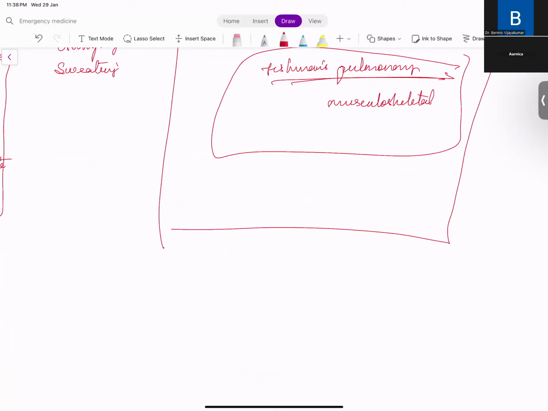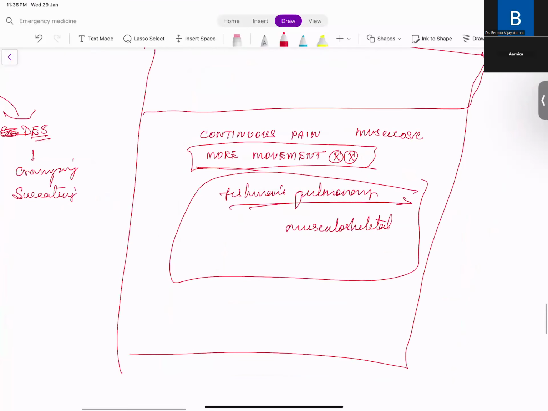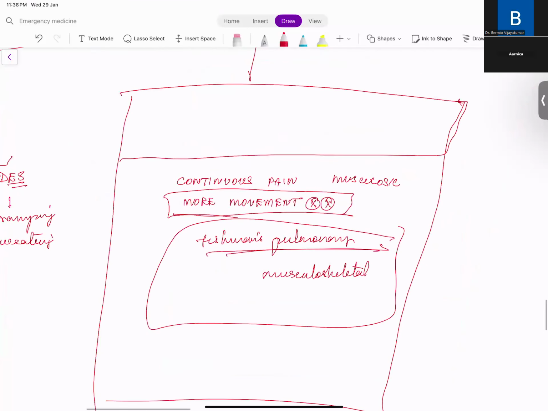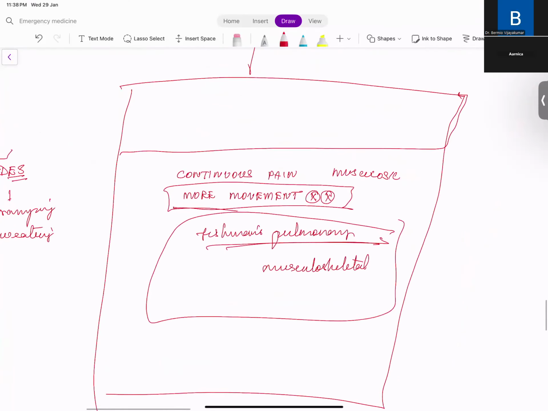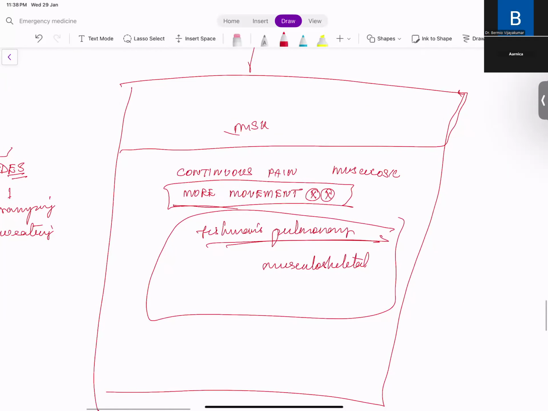So the potentially life-threatening conditions are, as I discussed, MI and those things. So this is a non-life-threatening condition, so it should be our last priority to rule out. So always do an ECG, chest X-ray, maybe if possible echo and cardiac biomarkers in any chest pain. So this is about musculoskeletal pain.